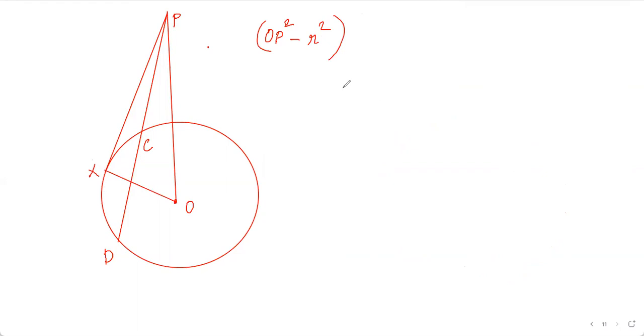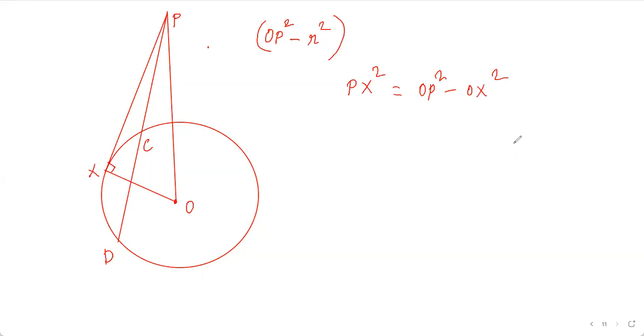Then you see that this is perpendicular here, so PX square is equal to the hypotenuse square, that is OP square minus OX square, simple Pythagoras.